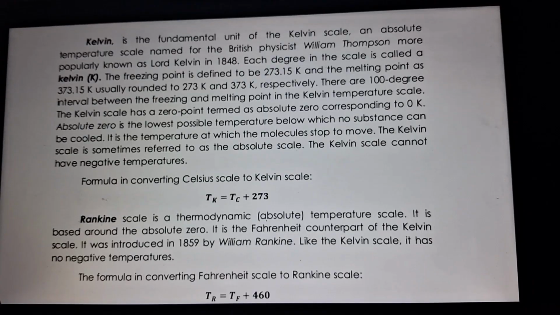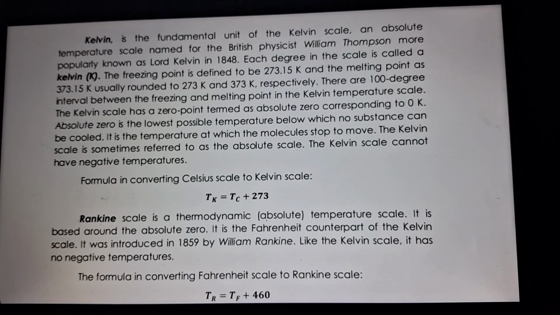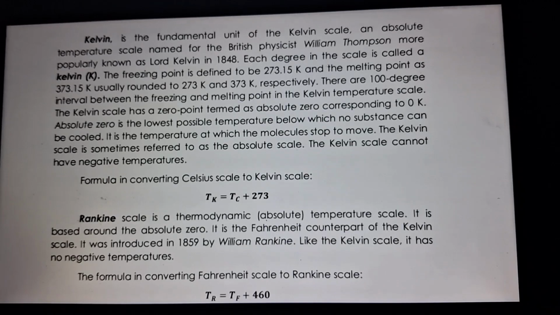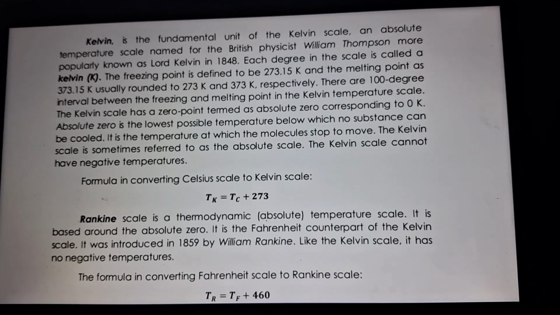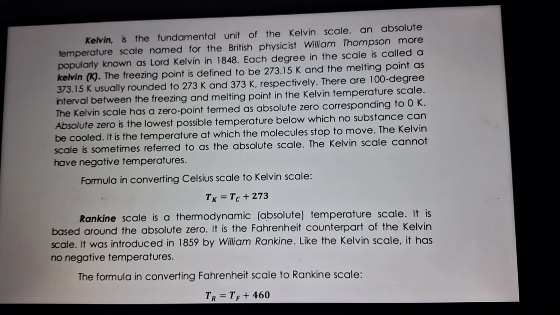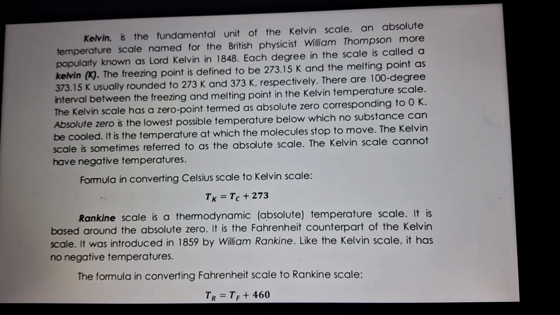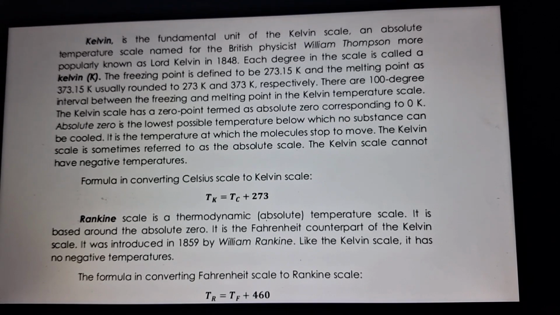Now let's move to Kelvin. Kelvin is the fundamental unit of the Kelvin scale, an absolute temperature scale named for the British physicist William Thomson, more popularly known as Lord Kelvin, in 1848, because he created the Kelvin. Each degree in the scale is a Kelvin.